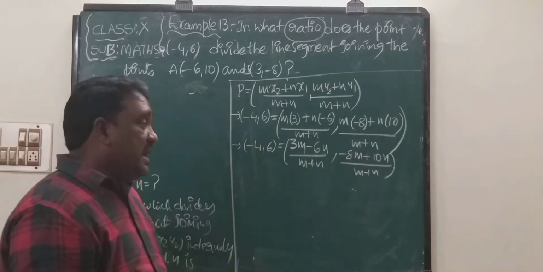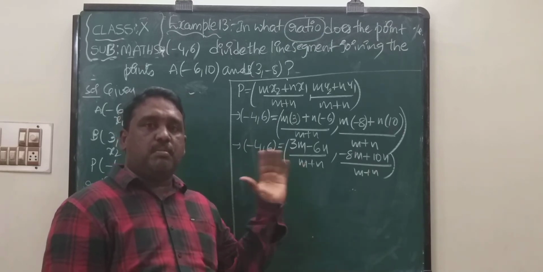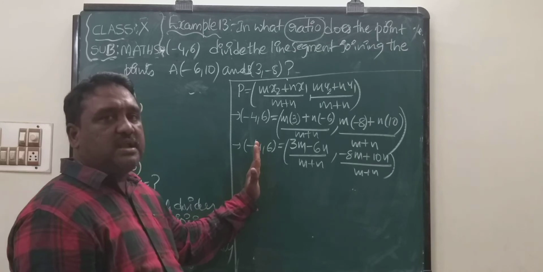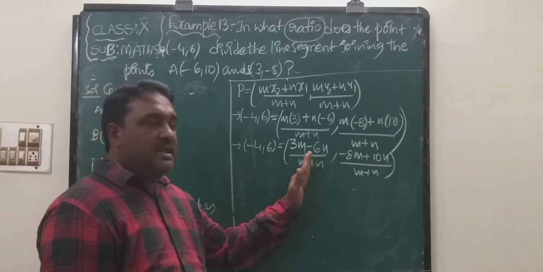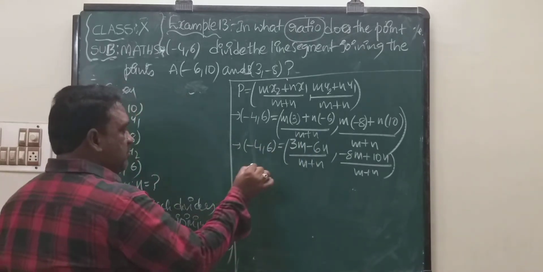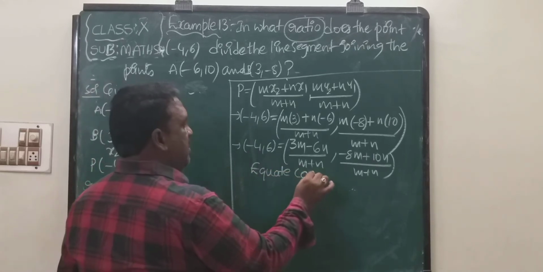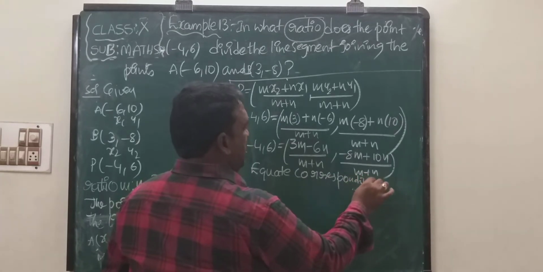Then observe, left side one ordered pair, right side one ordered pair. Both are equal, which means first element equals first element, second element equals second element.